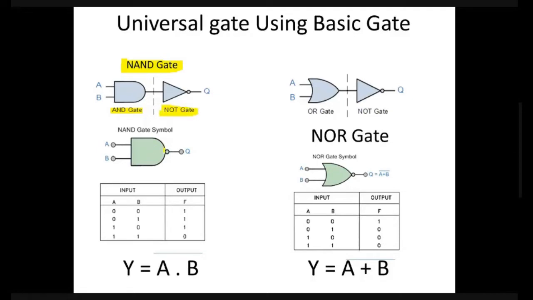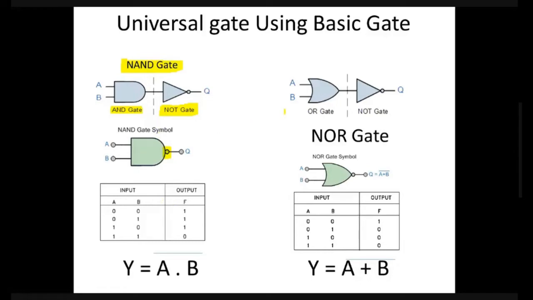The symbol has a bubble, and the bubble is nothing but the inverter. Whatever inputs A and B are given, first it performs the AND operation, then the NOT operation. So the whole circuit is considered a NAND gate.